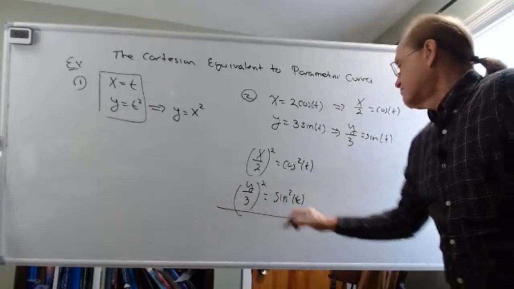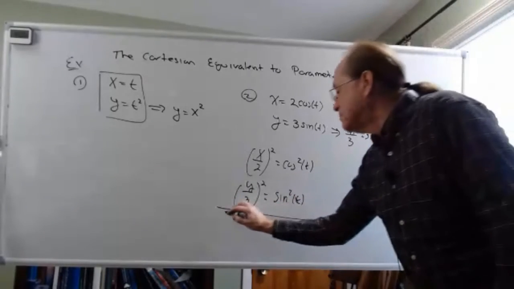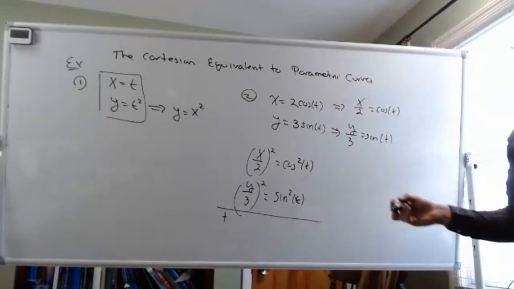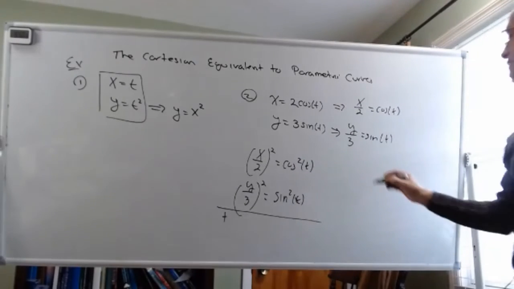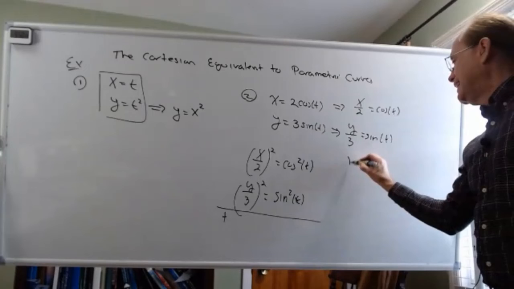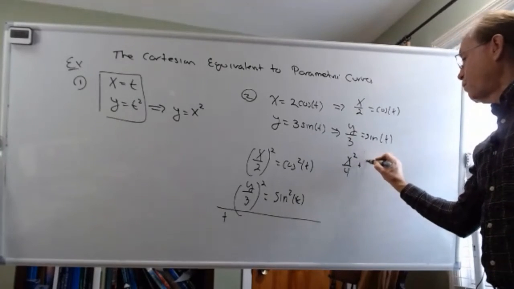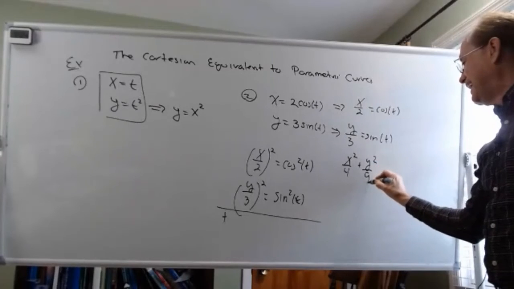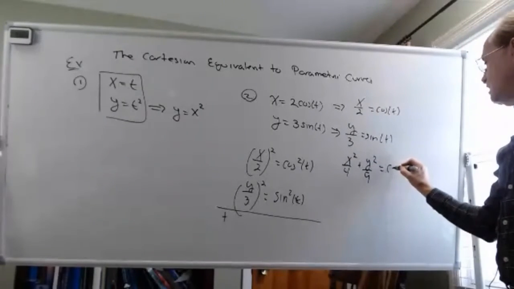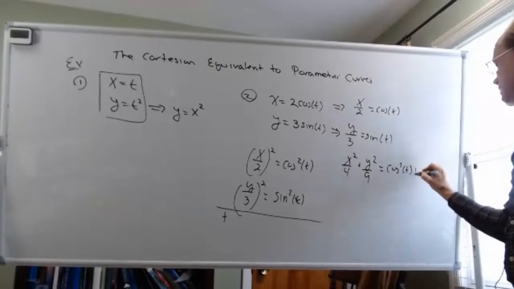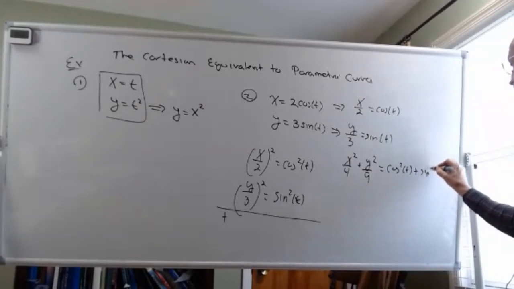What I can do is, two equations, I can add them together and I still get equal things. So on the left hand side, this gives me, let's square it out, x squared over 4 plus y squared over 9 is equal to cosine squared t plus sine squared t.